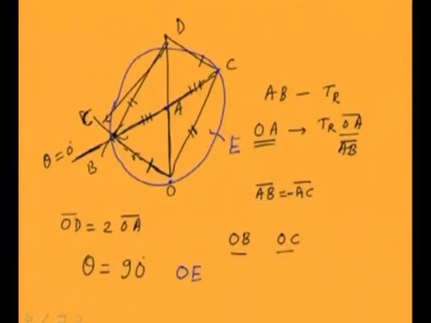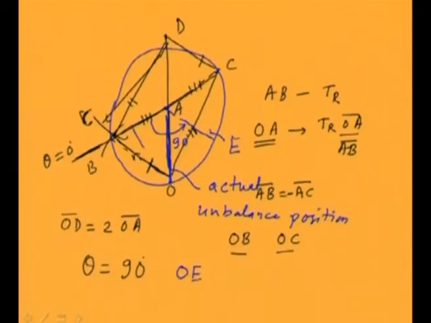So that means this is the 90 degree position, and OA is representing the actual unbalance. This is the actual unbalance position. That means this particular angle, let us say beta, is the actual location of the unbalance. So we got the magnitude of the unbalance using this, and the position as beta.